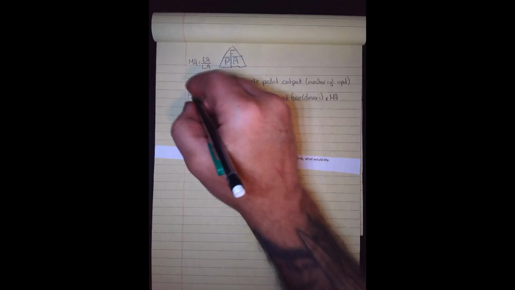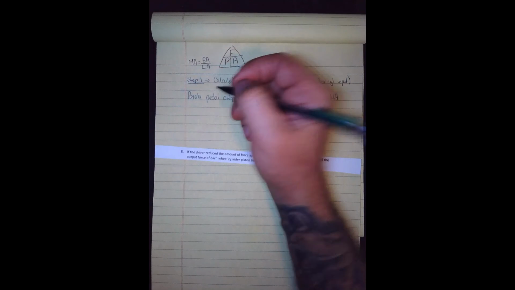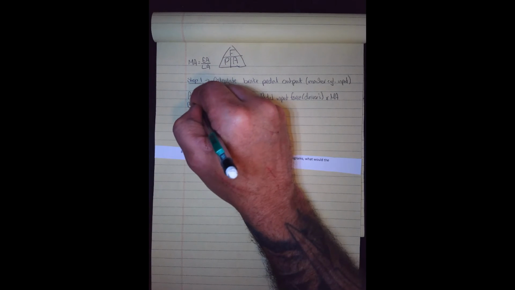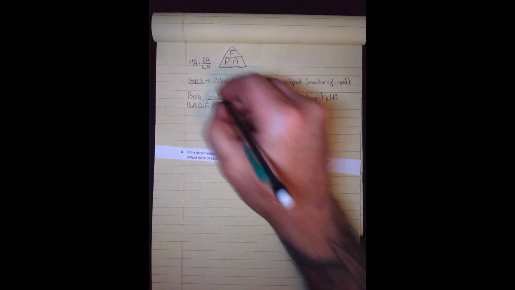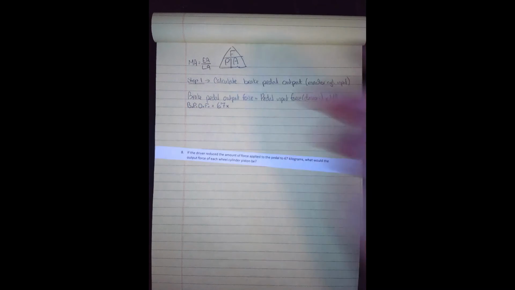Right, so I think I keep changing my acronyms every time I do this, but whatever. Brake pedal output force equals the input, which was 67 kilograms, multiplied by the mechanical advantage, which we calculated at 3.6 to 1.